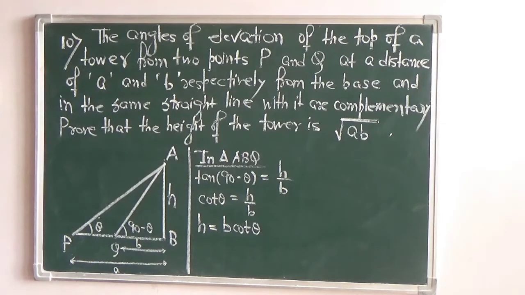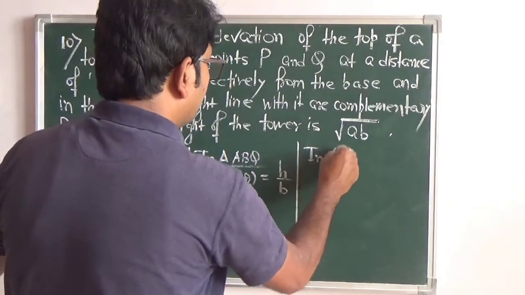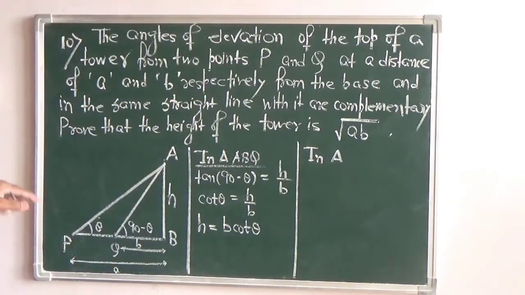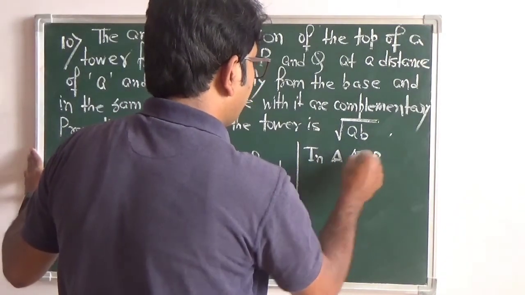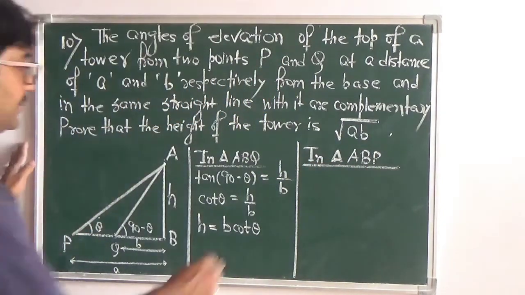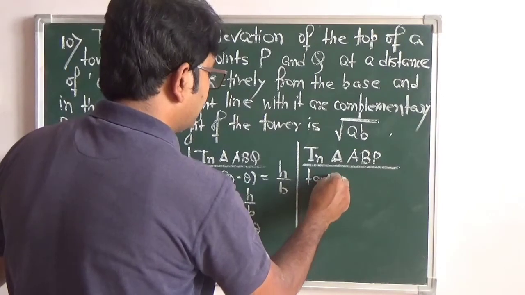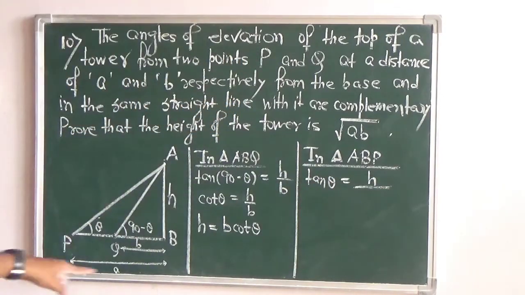Again, in triangle ABP, we have tan of theta equals h by a.